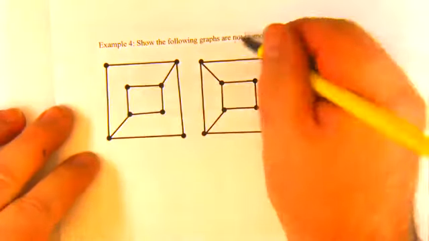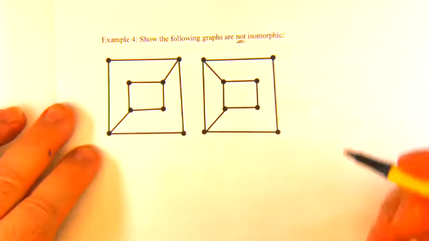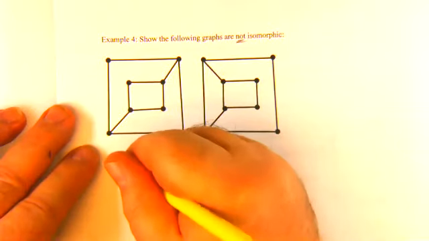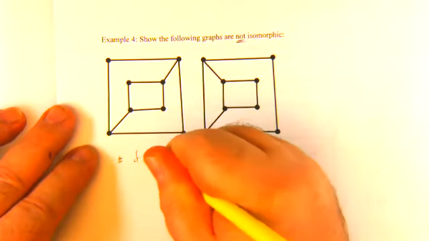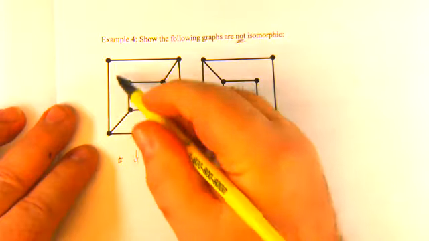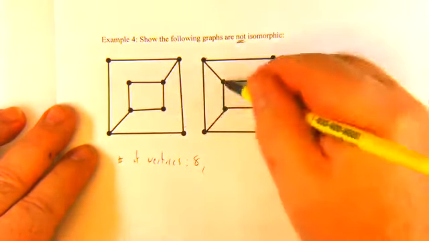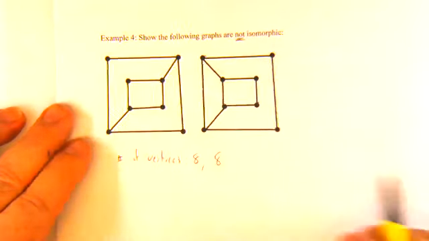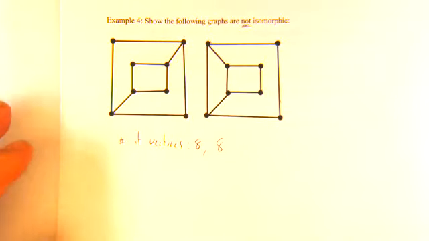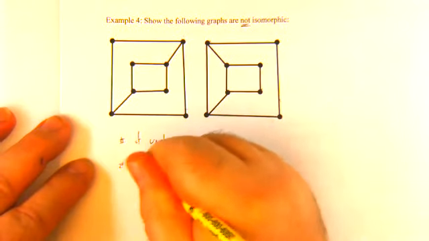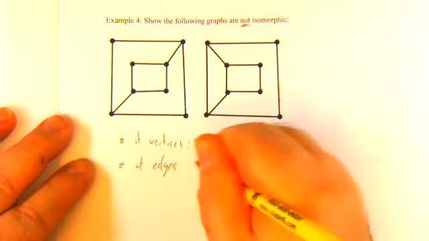But not, because that's what the problem says, but why not? Well, start checking the basic things. Number of vertices: 1, 2, 3, 4, 5, 6, 7, 8. 1, 2, 3, 4, 5, 6, 7, 8. So that's okay. That doesn't rule out them being isomorphic.